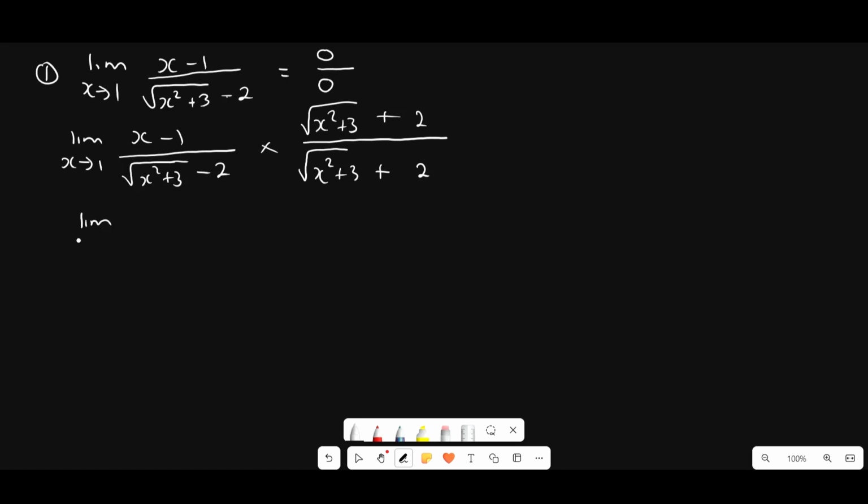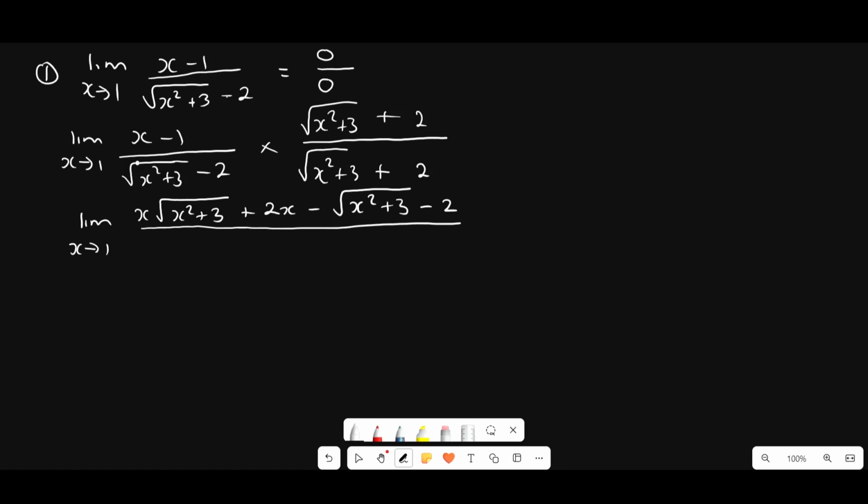And then you basically foil, the limit as x approaches 1. In this case, I'll have (x times the square root of x squared plus 3, plus 2x, minus the square root of x squared plus 3, minus 2), all divided by that times that, the square root of 4.